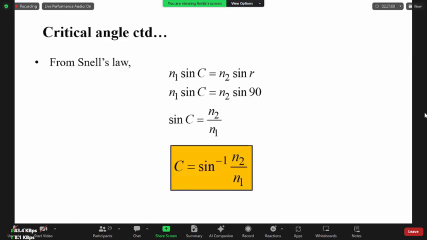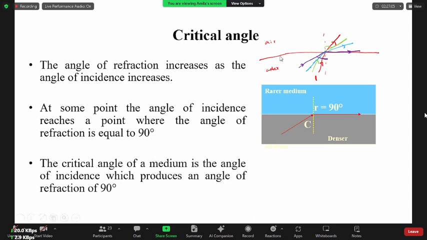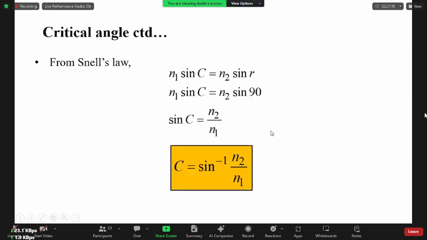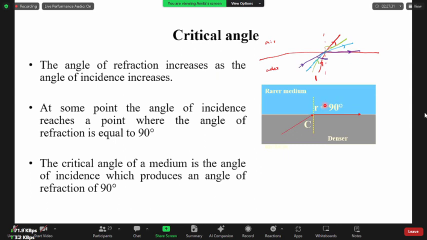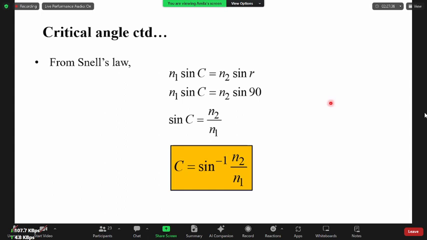Okay, then let's move to the next. You can apply Snell's law for this situation as well. So start with medium 1: n1 sine of the incident angle. Now the incident angle is this C. So n1 sine C equals n2, the index of refraction of medium 2, into sine R. Actually R is 90 now, the refracted angle.